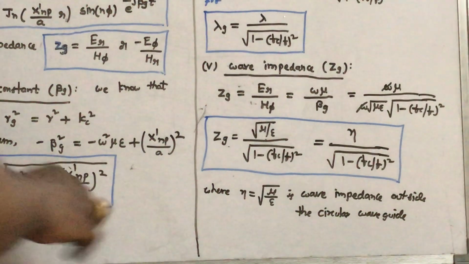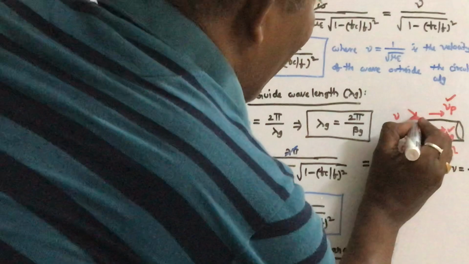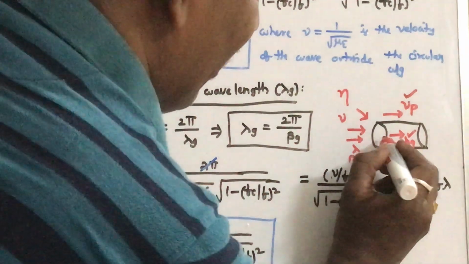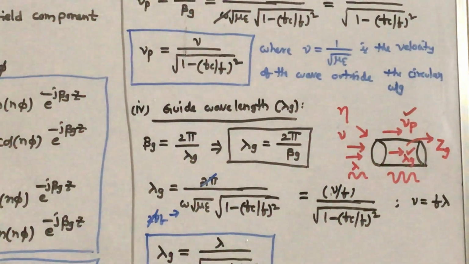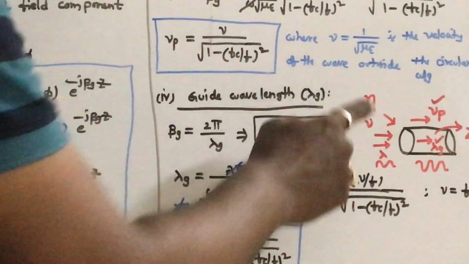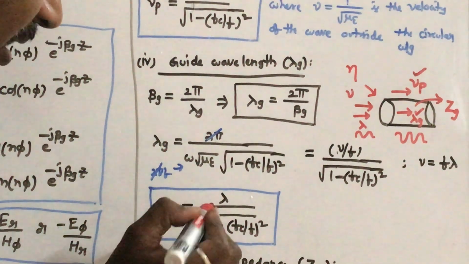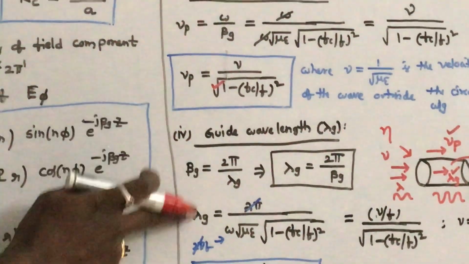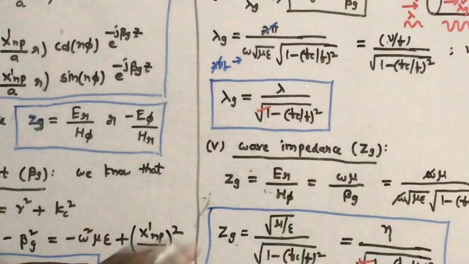The meaning of this is that if the wave has impedance eta outside the circular waveguide, when it enters into the waveguide the wave impedance is taken as Zg. So what is the relation between Zg and eta? Zg is eta by square root of 1 minus fc by f whole square. In all the formulas, phase velocity, guide wavelength and wave impedance, the denominator factor is the same.